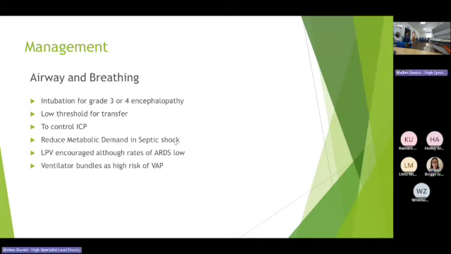If they're going to be in shock, then metabolic demand will be reduced. The rates of ARDS are low, even though King's have written about using VV ECMO for their liver failure patients. As they're immunosuppressed, the ventilator bundles are high risk for that.